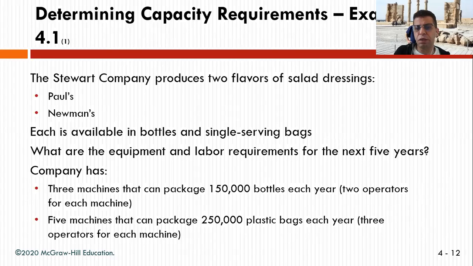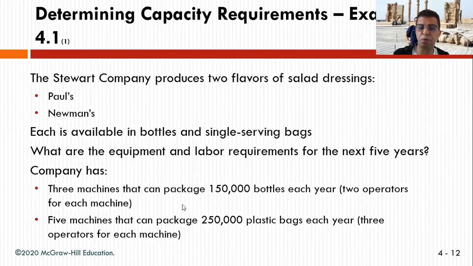So let's assume the Stewart company produces 2 flavors of salad dressing, Paul's and Newman's, and each is available in a bottle and a single serving, so in a bag or in a bottle. What are the equipment and labor requirements for the next 5 years?